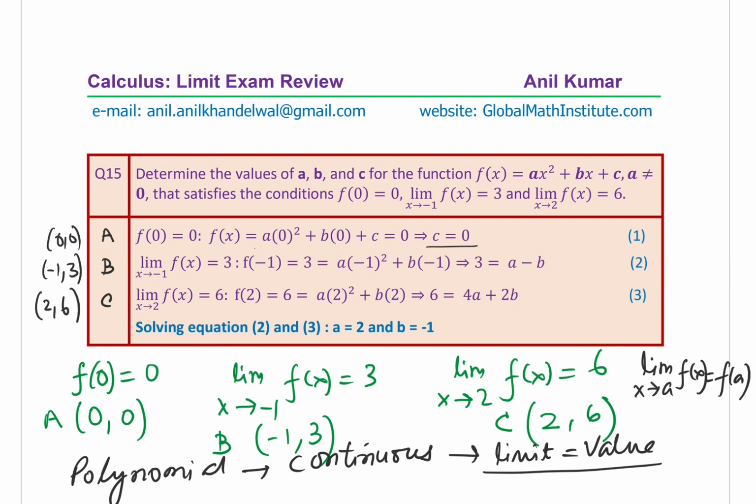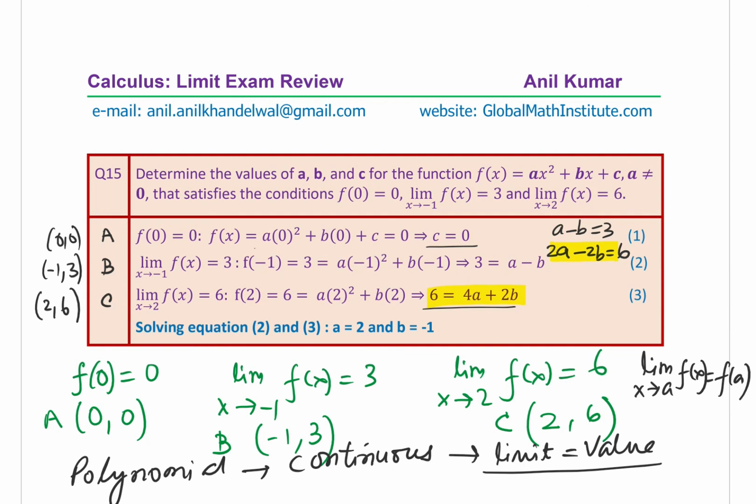Now, once you have these three equations, we can actually solve. So you need to solve the equation which is, let me rewrite, a minus b equals 3. Correct? That is one of the equations. The other one is this, which is 4a plus 2b is 6. So basically, we need to eliminate 2b. So let me multiply by 2. So we get 2a minus 2b equals 6. Correct? So we have this equation. 2a minus 2b equals 6, and 6 is also equal to 4a plus 2b.